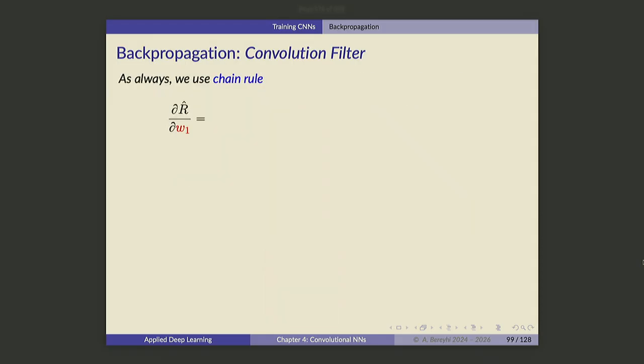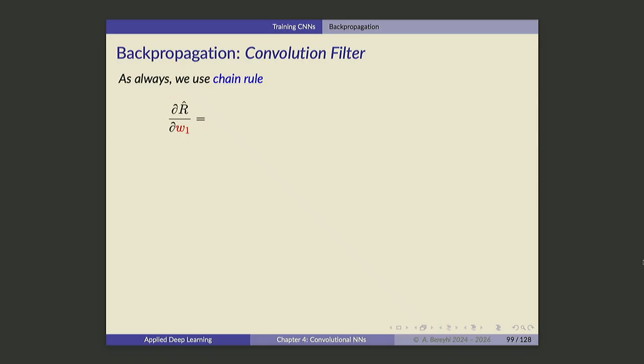Well, I start writing down the gradient of r hat with respect to the first weight. What would it be? You have the gradient with respect to z. What should you do? You should take that gradient and multiply it by the gradient of z with respect to weights.